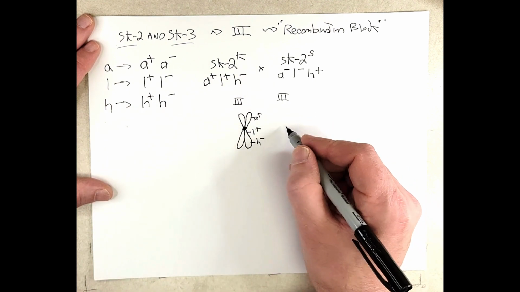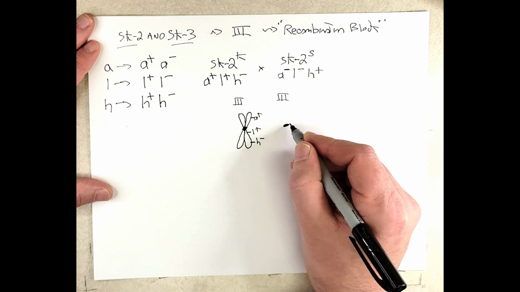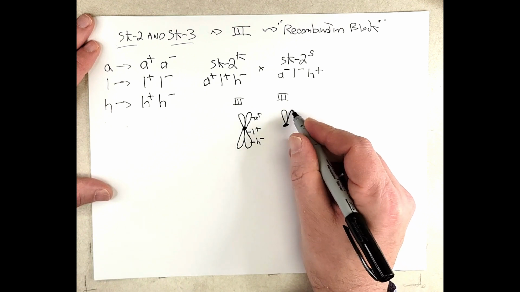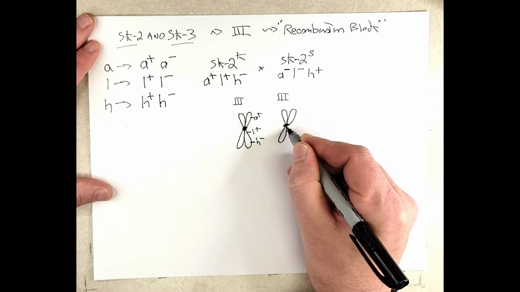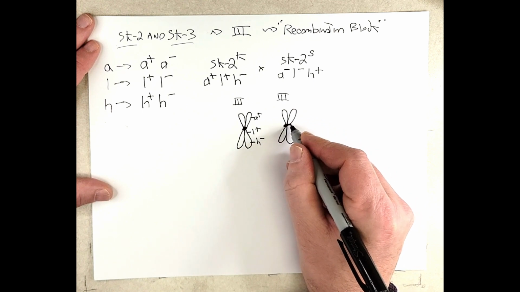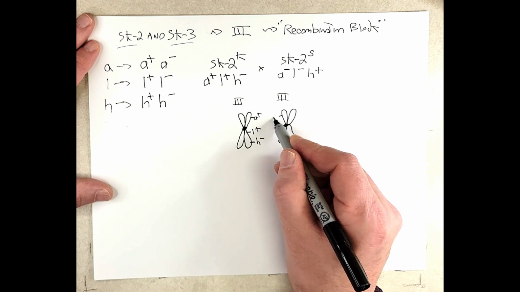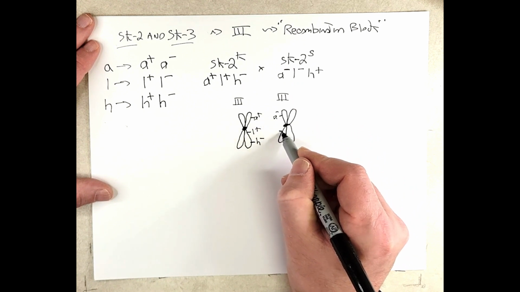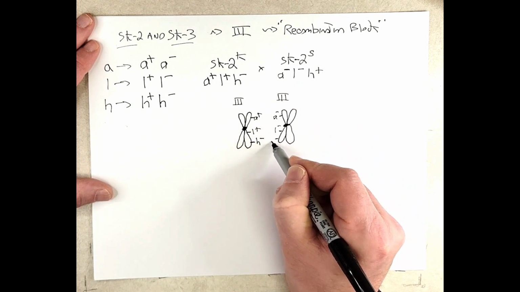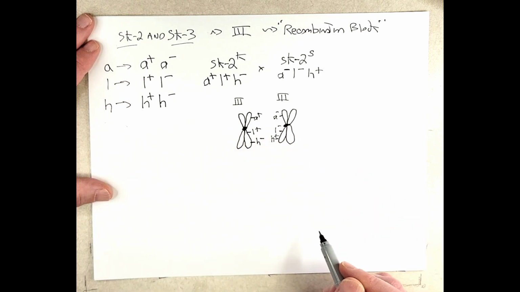Now I should diagram these a little closer, but I need room to label the chromosomes, so I'm going to diagram this chromosome 3 from the SK2S parent over here. It's going to be A minus, L minus, and H plus.